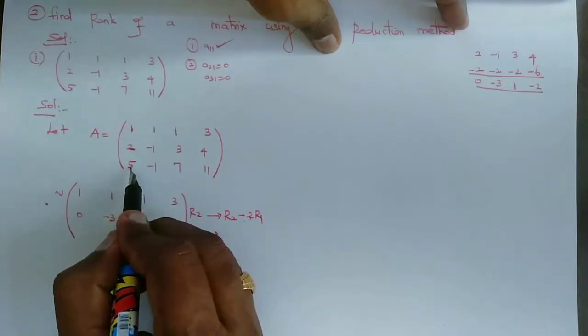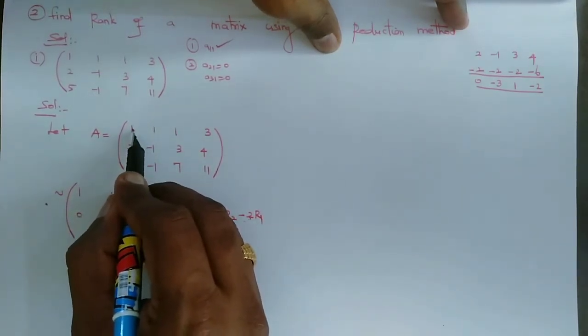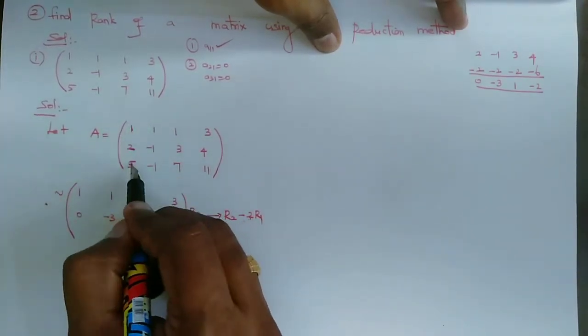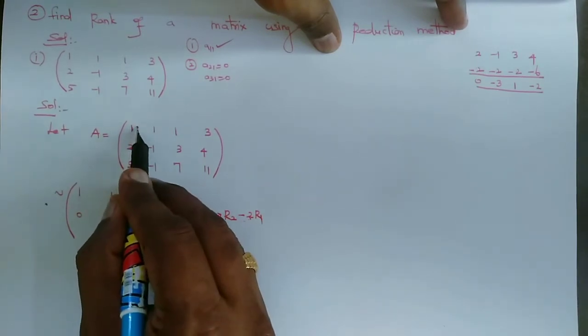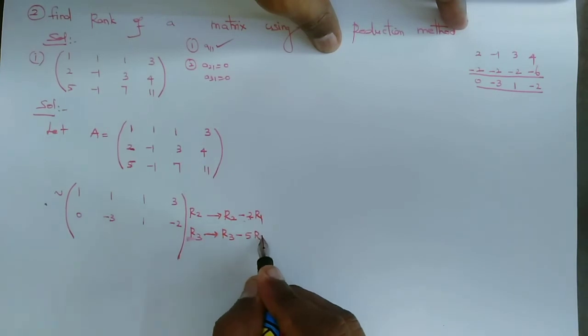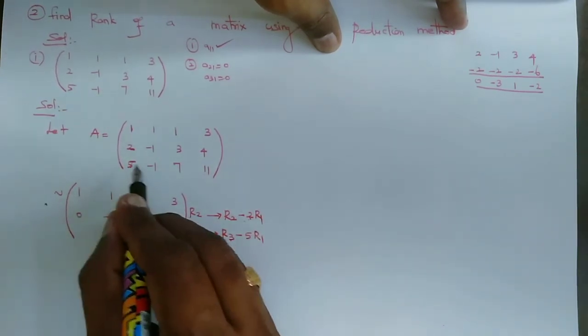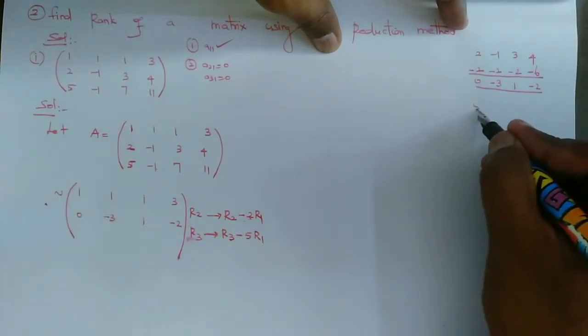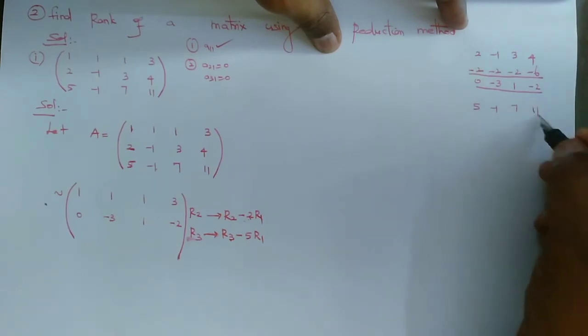Now this is 5. What should this one be? This one should be minus 5, since minus 5 plus 5 is 0. So I need to multiply with minus 5. R3 becomes R3 minus 5 R1. Write R3 first: 5, minus 1, 7, 11.